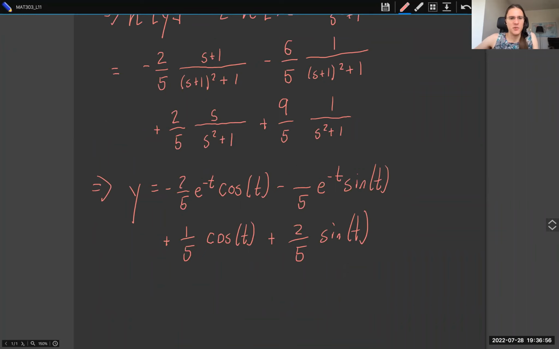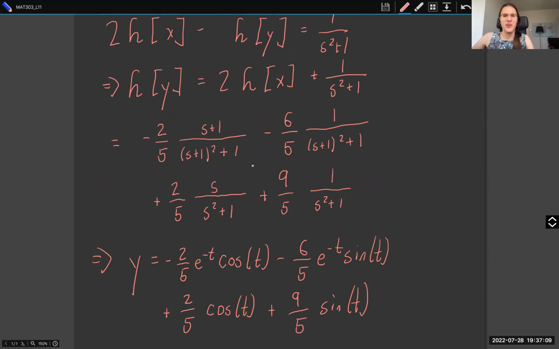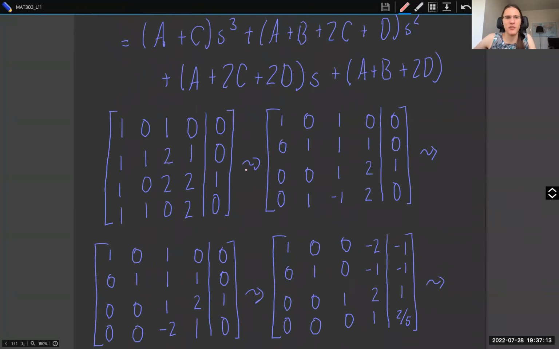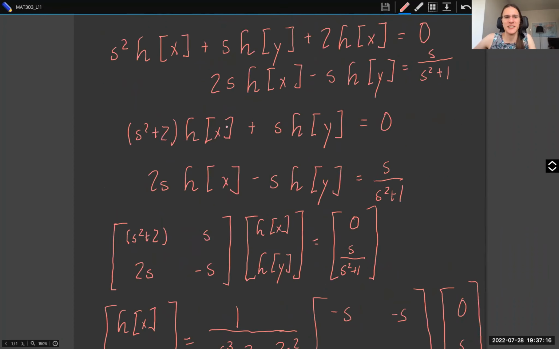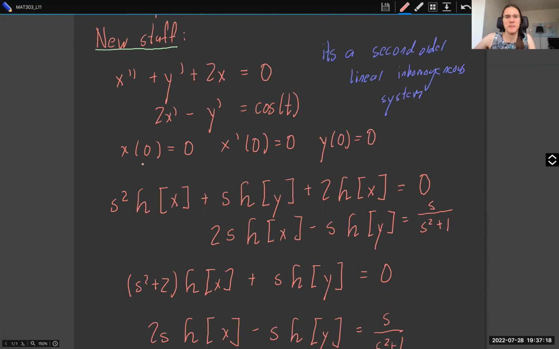So that's a 2, that's a 6. That's a 2, and that's a 9. So there, we solved, this is something genuinely new. We have never before been able to solve a second order linear system, but now we solve a second order linear system for a particular solution.